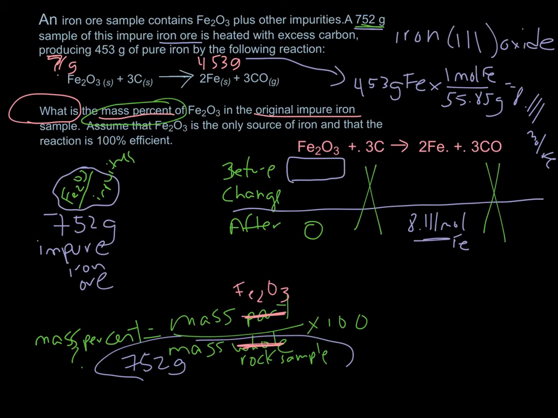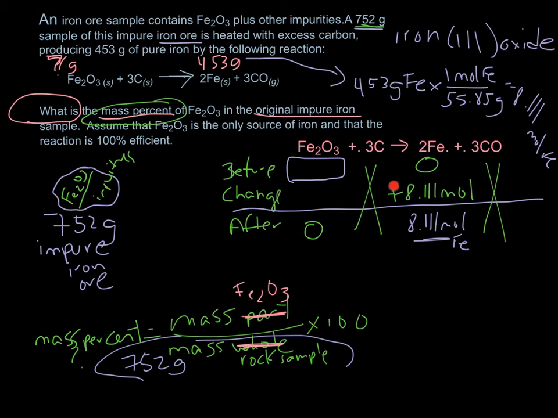Let's think about how we could find out what we had before. Okay, this is how much pure iron we have after. That was created by a change, which had to be plus 8.111 moles. And before the reaction started, we had 0. Whatever this change is over here, whatever was added here is related to what was used up here. So I can figure out that relationship, and that'll tell me how much I had up here.